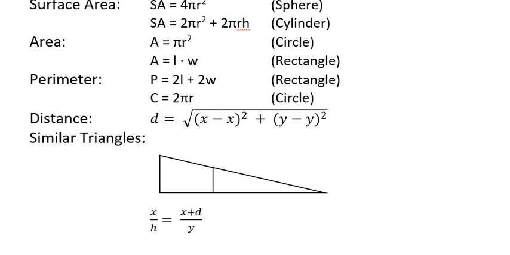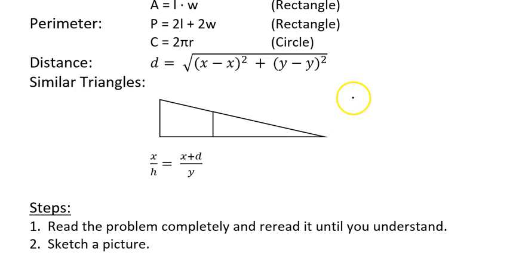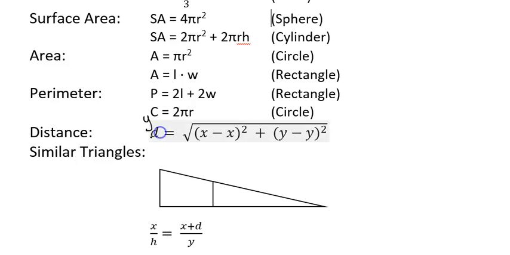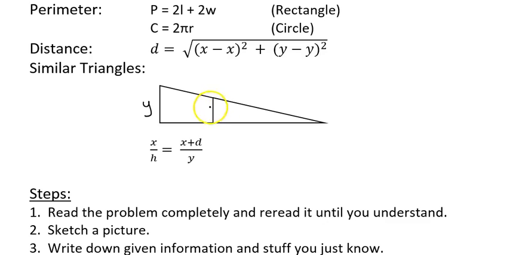Now this next one, similar triangles, you may not have seen for a while, and I typed the formula up, but I didn't write these letters in. I was calling this side of the big triangle y, this h, this d, and this x. And I'm calling this similar triangles because this situation happens a lot in the word problems that we do.